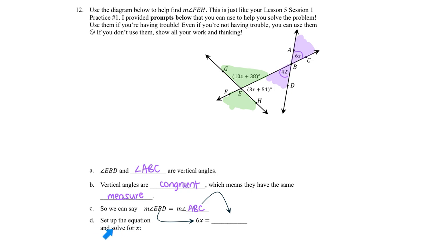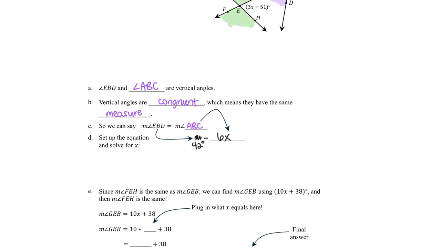That helps me set up the equation to actually solve for x, because the measure of angle EBD is, oops, I messed that up, I'll fix it on yours. The measure of angle EBD is 42 degrees, and the measure of angle ABC is equal to 6x. So that's going to be your equation.